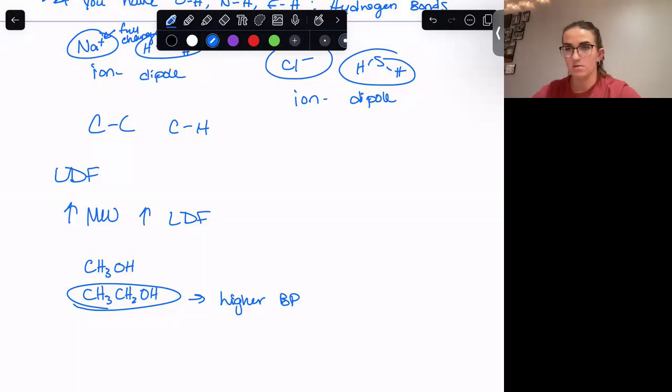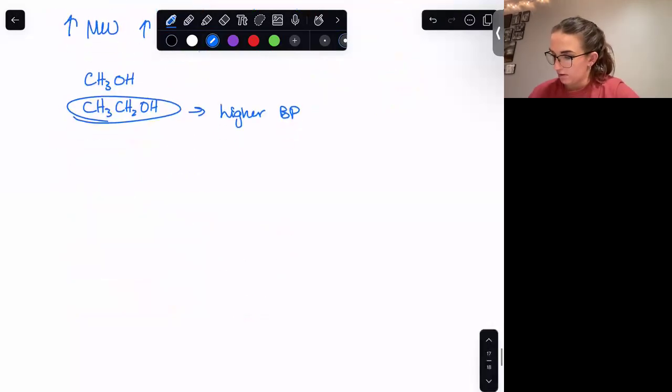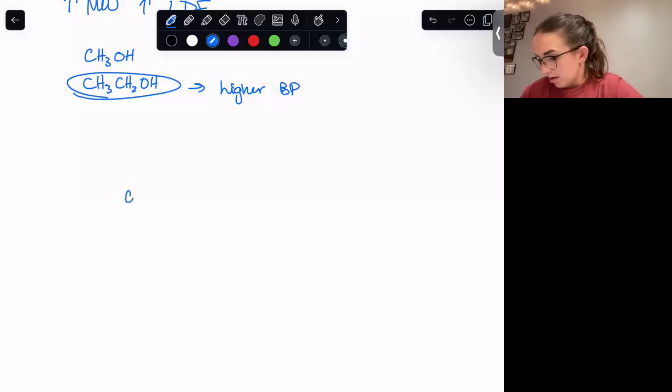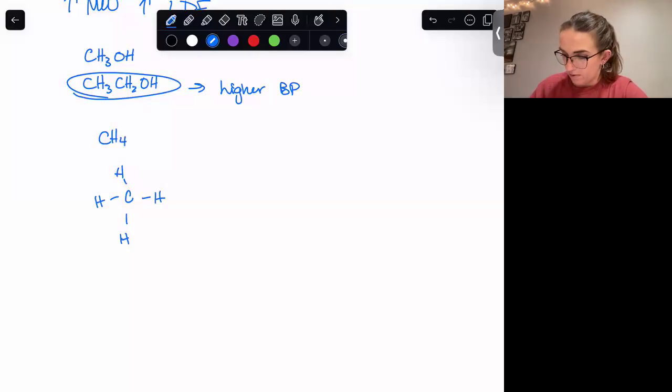Okay, and then, so when we look at symmetry of a molecule, so if we have something like methane or CH4, what is the shape of CH4? Good, this is tetrahedral.